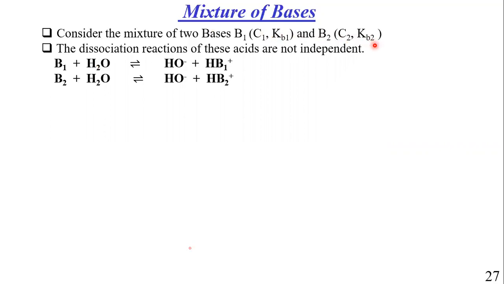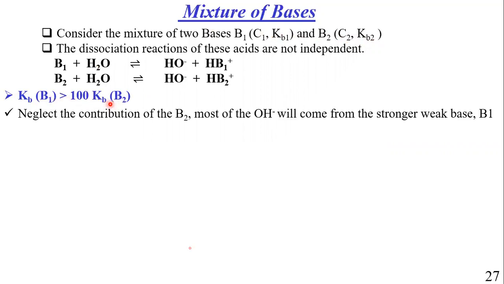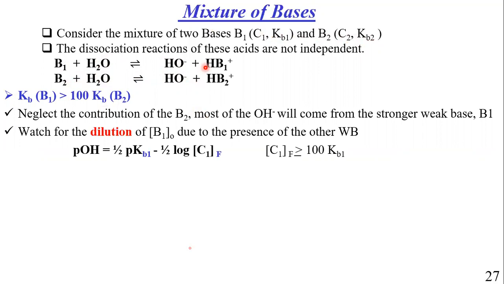Of course, just like we did with acids, can we neglect one of them? If I can neglect one of them, I really simplify things. So is one of the Kb values greater than 100 times the other Kb? If it is, then you neglect the contribution of the weaker base, Kb2 in this case. And so all of the calculation of OH minus will come from the first equation only, but don't forget dilution.